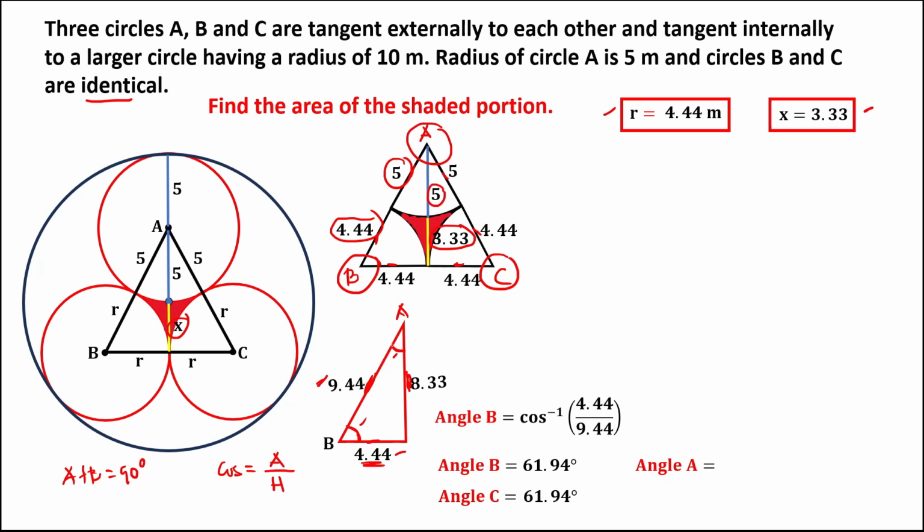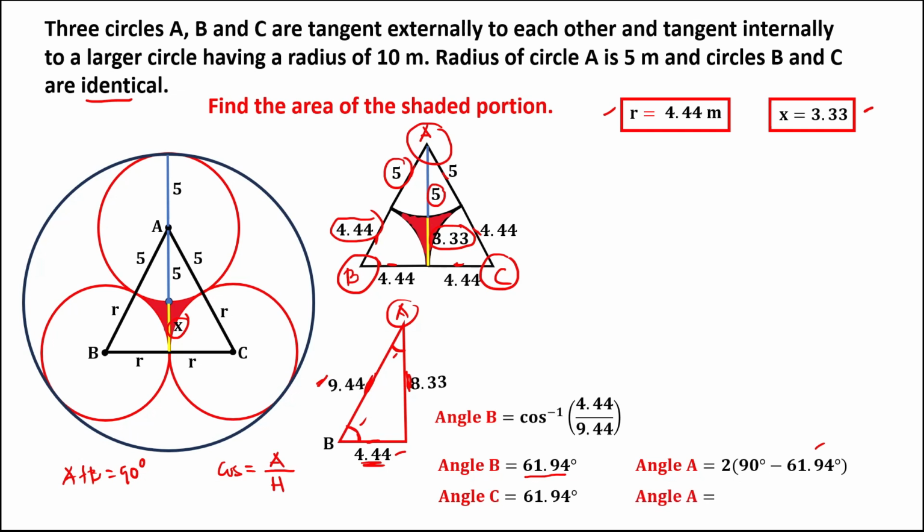But since this one is half of angle A, to solve for angle A, we have 2 times 90 minus angle B, and angle B is 61.94.